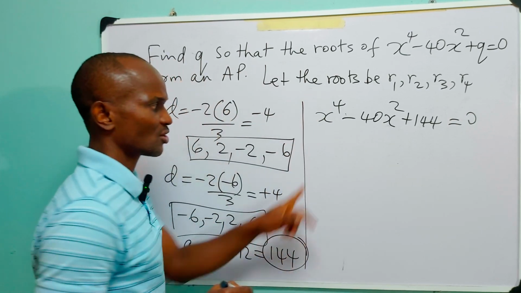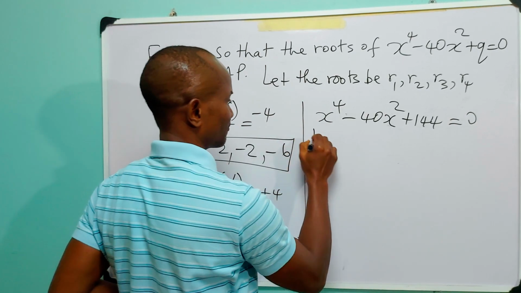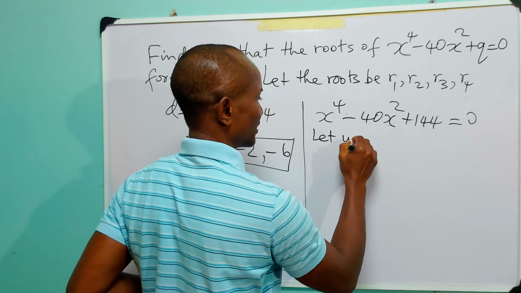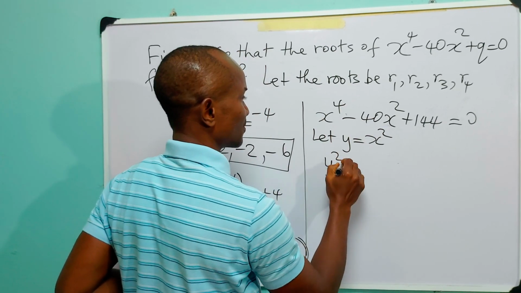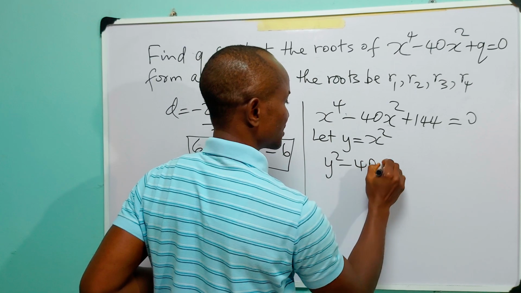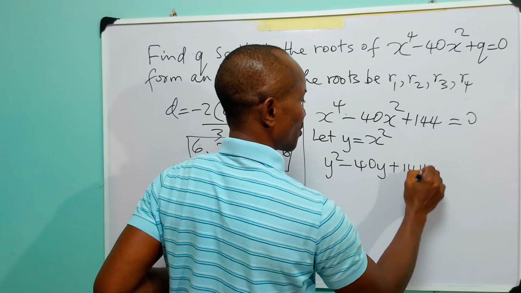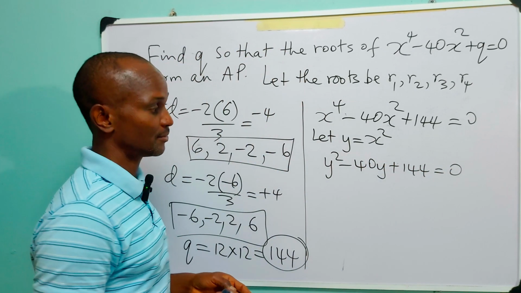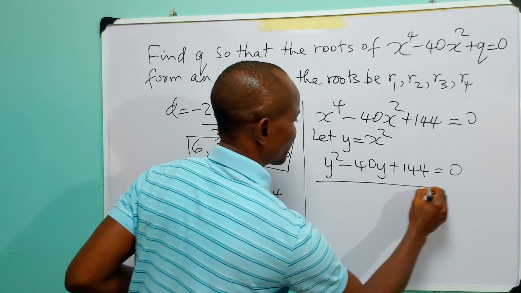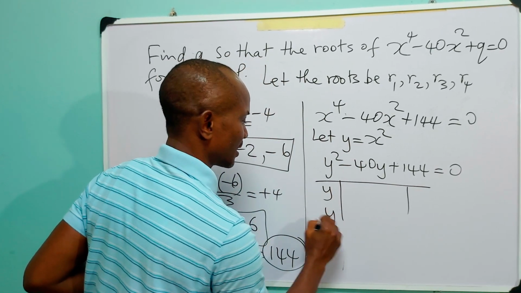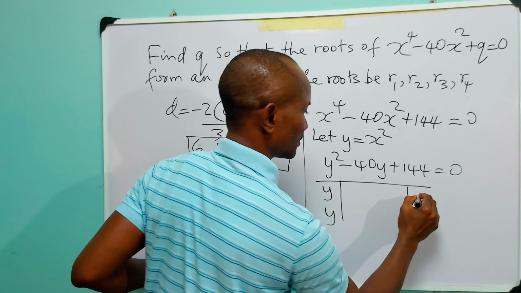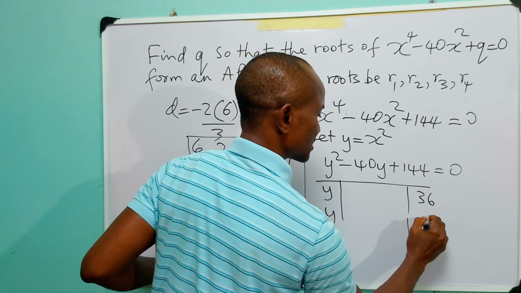To solve this equation, we can do a substitution. Let y be equal to x squared, where we have that y squared minus 40y plus 144 is equal to 0. Of course, we can factorize this. So we have y, and we have 36 and 4.